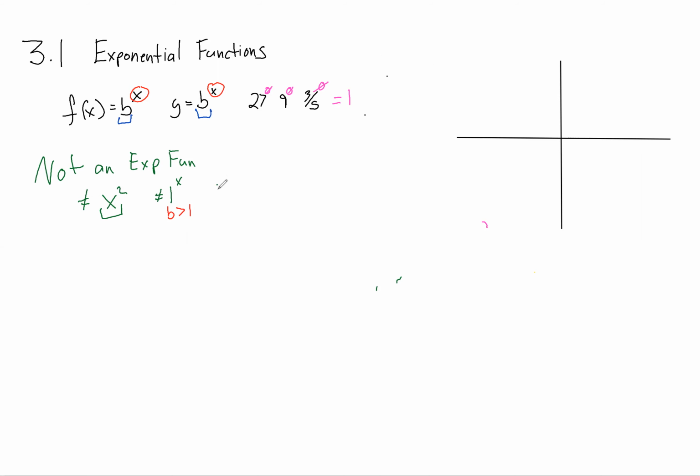Another thing that is not an exponential function is any negative number with an exponent, because that base has to be positive and greater than 1. And the last instance where it's not an exponential function is where we have something like x to the x, where we have a variable in the base and in the exponent.